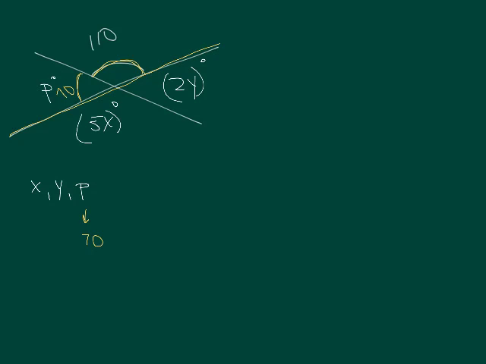And if that is 70, now look at what we've got here. We've got a straight line right here. And so that means this angle is going to be 180. Well, we know this is 70. So if we take this angle plus this angle and add them up, we're going to get 180. So if we take 70, which we found this to be, and we add 5x, we're going to get 180 degrees.